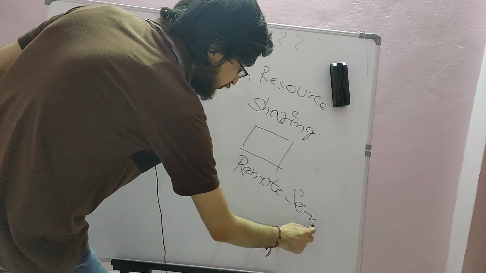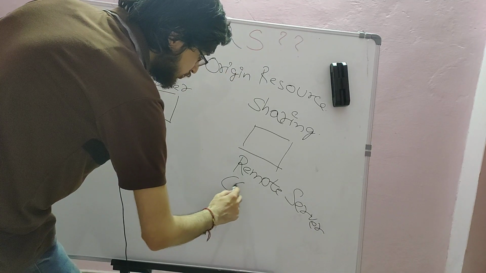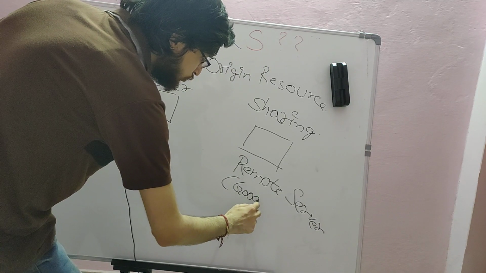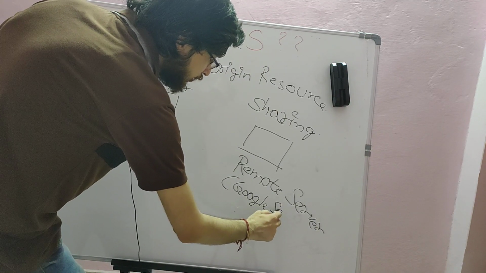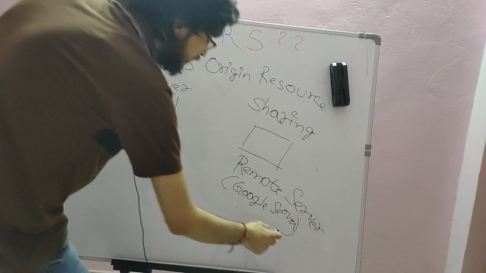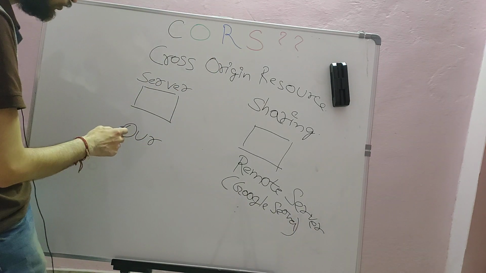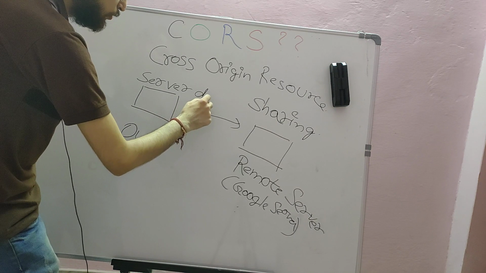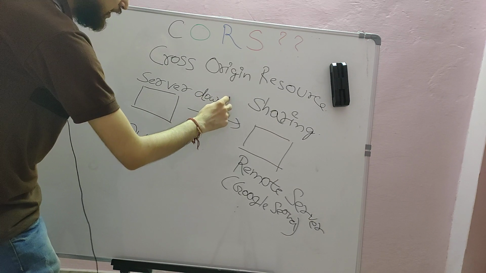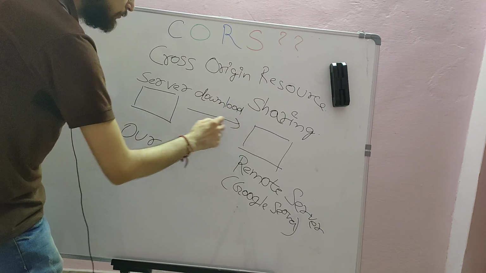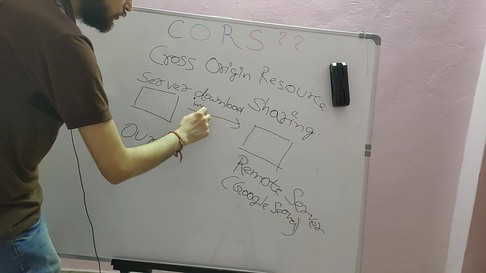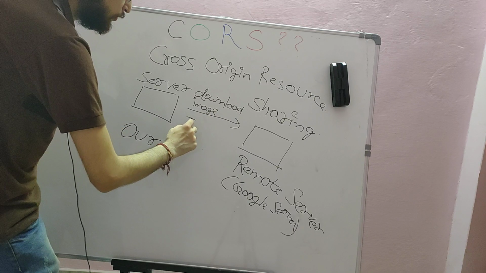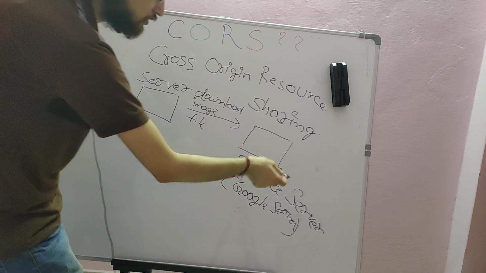Let's suppose we name this the Google server. Inside our code we are writing the code to download an image file from this Google server.